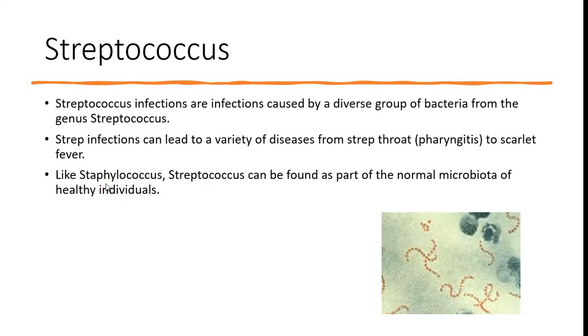Again, it's going to be fine as long as that first line of defense doesn't have any breaches and is still intact. But once strep can get inside, it can lead to a variety of diseases, such as strep throat, known as pharyngitis, scarlet fever, impetigo, things such as that.